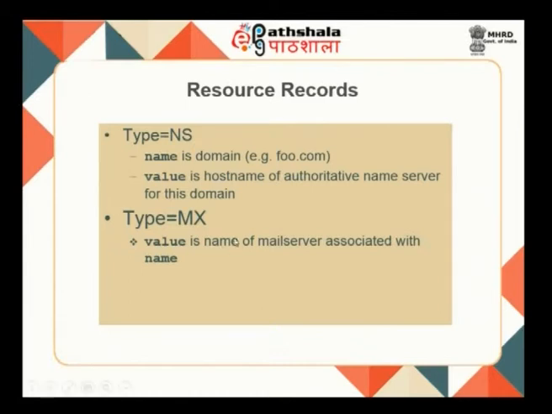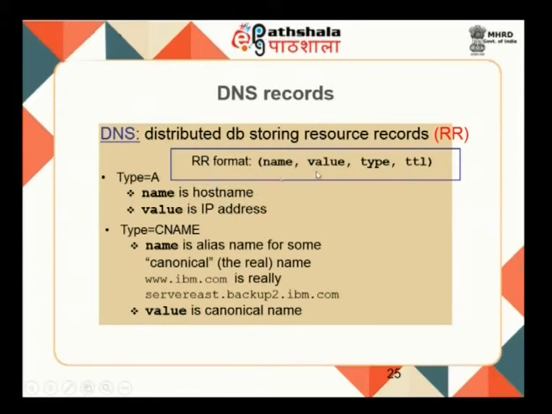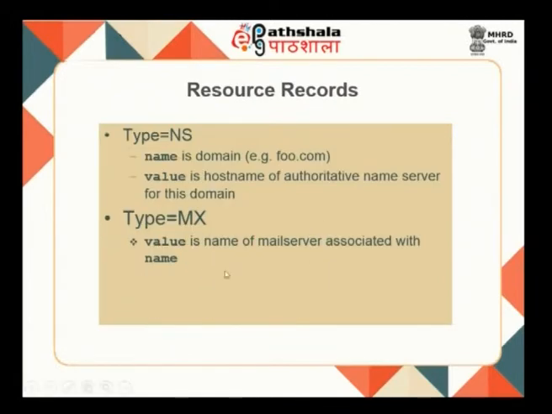That happens because you could have mail servers located at a particular domain but at a different IP address, in which case that information is provided by means of the MX type record. So, with an MX type record, name will give you the domain name and value will give you the name of the mail server.